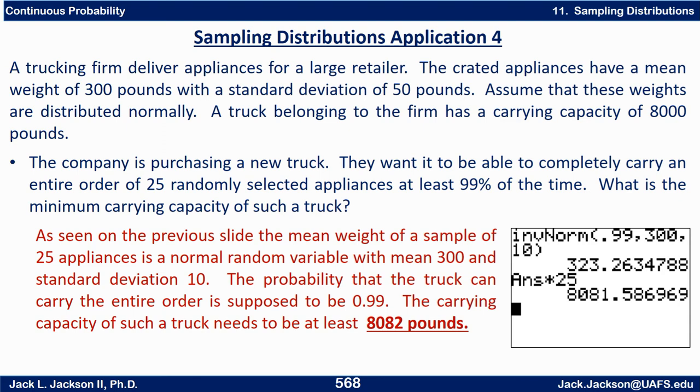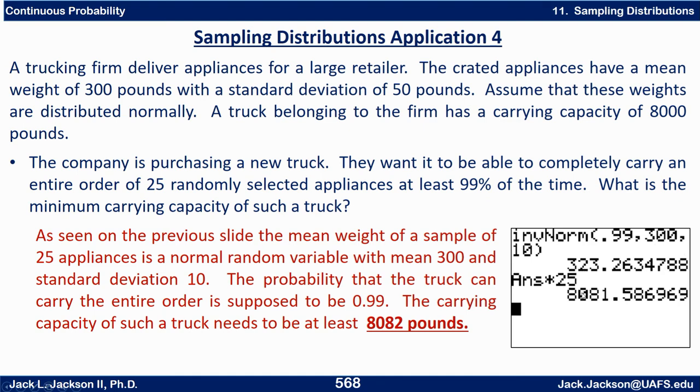We want to find the value for which the probability of being that amount or less is 0.99. So that's an inverse norm, 0.99, 300, 10. That gives us 323.26, and so forth, pounds per appliance on average. 99% of the time, that will be what we need to be able to carry.